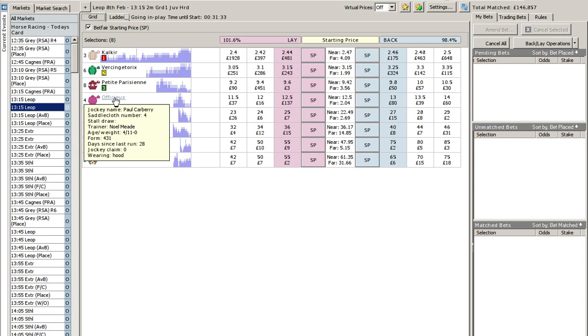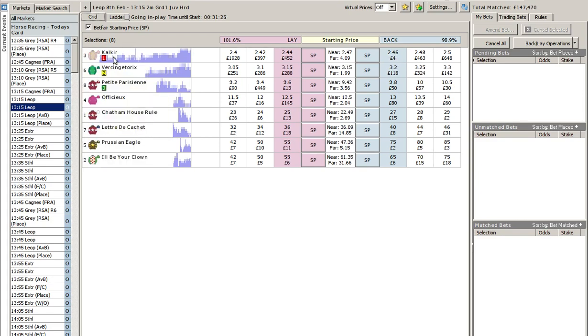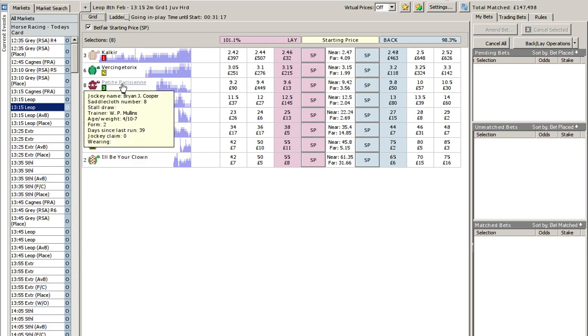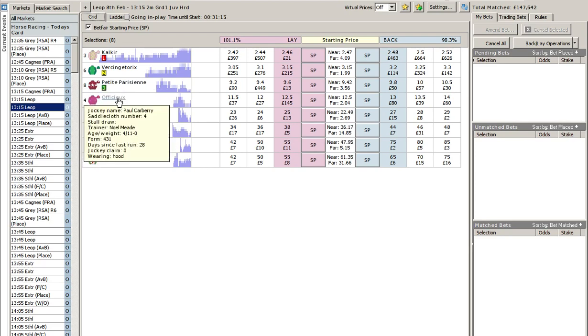So that's actually not too bad. I don't mind that. I'd be prepared to go with these two, keeping in mind that in all likelihood one of these guys is going to win. So for this particular race, I'd be looking at those two. But that's the type of thing that you should be looking out for.